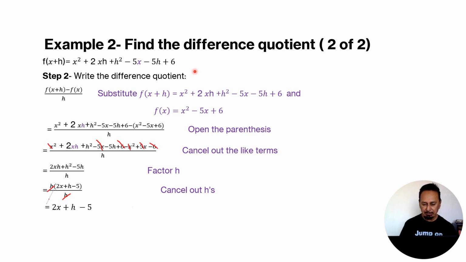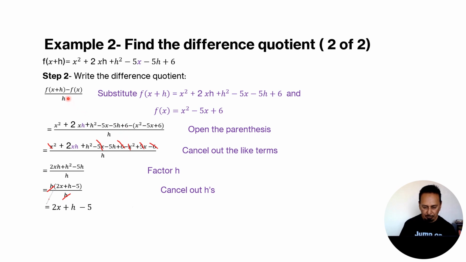Now we do step 2, write the difference quotient, f of x plus h minus f of x over h. Now we substitute f of x plus h, which we just found, x squared plus 2xh plus h squared minus 5x minus 5h plus 6. So we write it here.